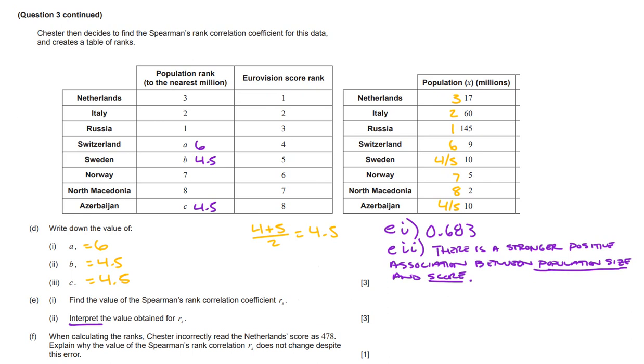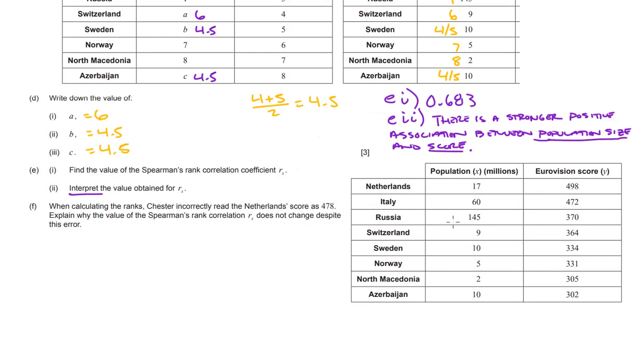And then part F here. When calculating the ranks, Chester incorrectly read the Netherlands score as 478. Explain why the value of Spearman's rank correlation r does not change despite this error. Okay, so I just brought this over onto the page here so we can see it.